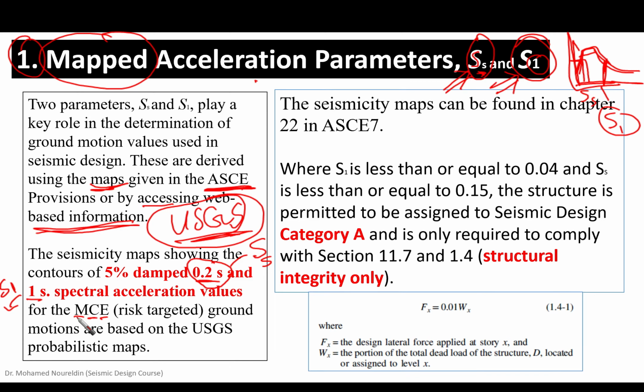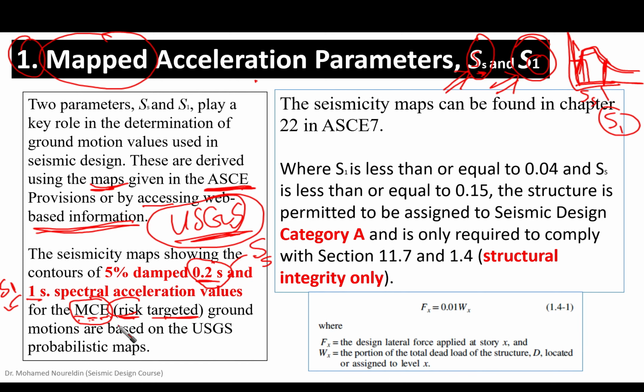MCE means maximum considered earthquake, but we call it risk targeted, R. They are different than the previous versions before 2010. Starting from 2010, we are using risk targeted MCE, maximum considered earthquake.